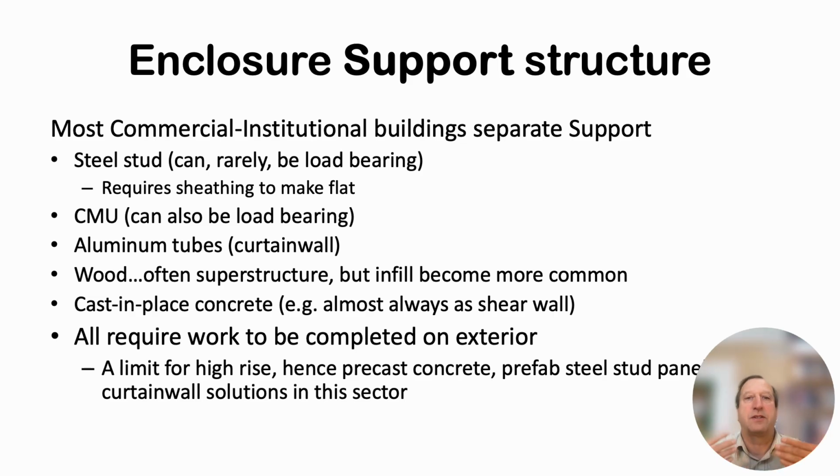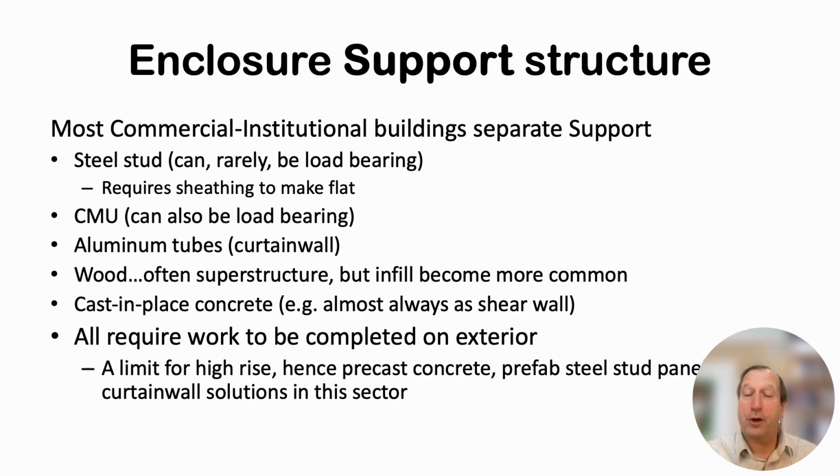And this has led to the development of a lot of prefabricated systems that have the entire enclosure, support and control and finish, in one product that's lifted off a truck and attached to the side of the building. Some of the original versions of that were precast concrete, but aluminum and glass curtain walls are also quite common, and steel stud systems with synthetic stucco and various other finishes have also been used widely across North America.